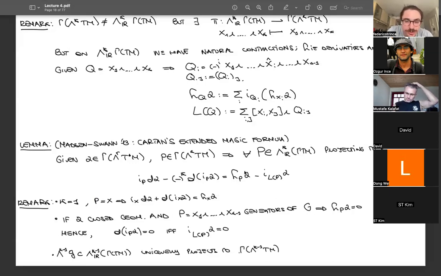So all you get is that the differential of the contraction that I want is 0 if and only if the contraction with this funny Lie bracket map is equal to 0. So essentially, if this map L is trivial, or the image of L is 0 for my Lie group, then I can exploit the same idea that I mentioned before to construct these multi-moment maps.